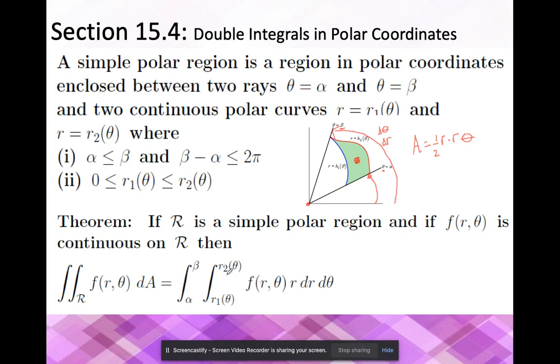So here's what that looks like after we get done with Riemann and make it Leibniz-like. If you have a simple polar region, right? So you've got a whole bunch of things nicely laying down there on the polar region. And if your function is a polar function in terms of two variables, r and theta, then the double integral over that region of that two variable function with the delta area.